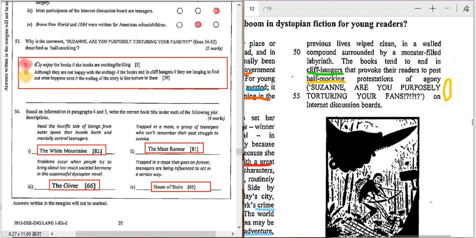So to answer this question, you have that basic background understanding, and the answer here says they say it and it's described as half mocking because in fact they enjoy the books a lot. They find the books extremely thrilling and exciting.